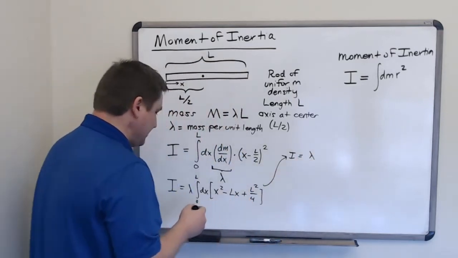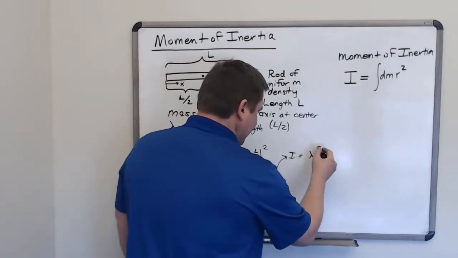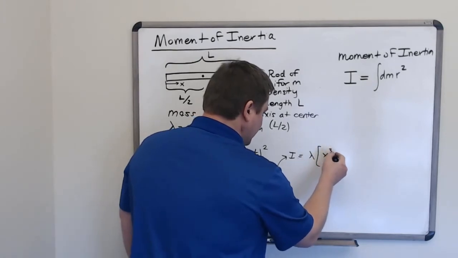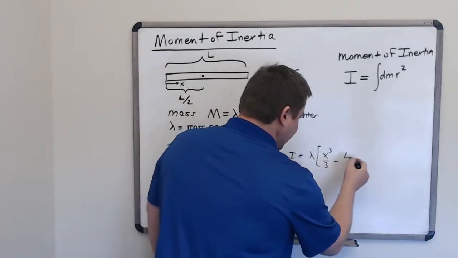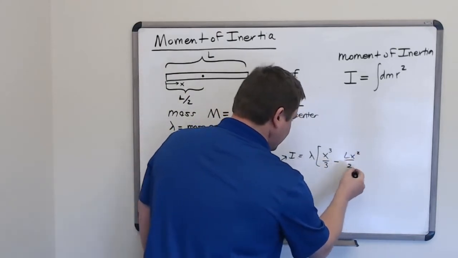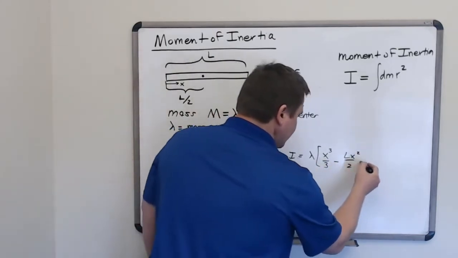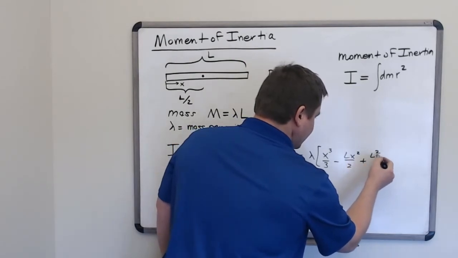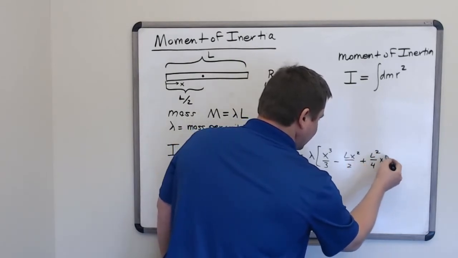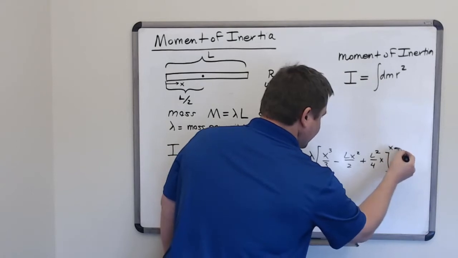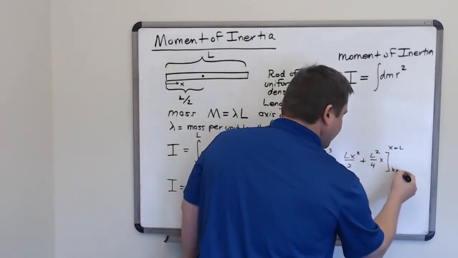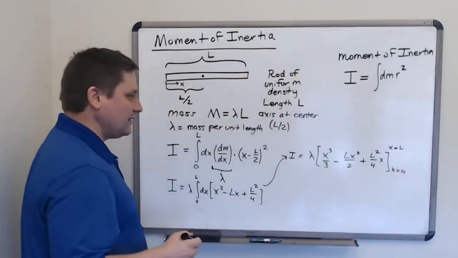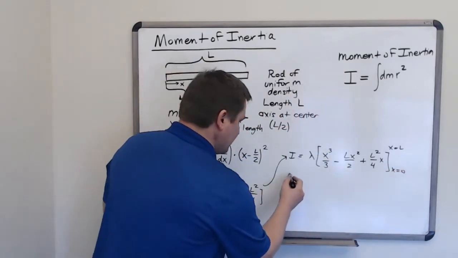So it would be lambda, then we'll have x cubed over 3 minus L x squared over 2 plus L squared over 4 times x. And this will be evaluated at x equals L and x equals 0, and we'll take the difference of those.